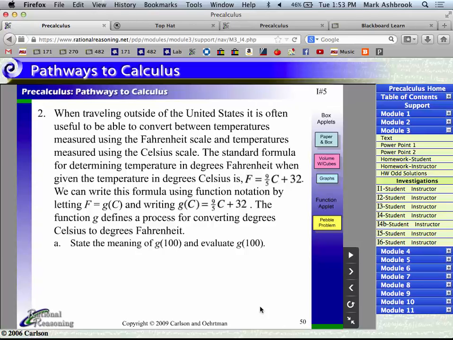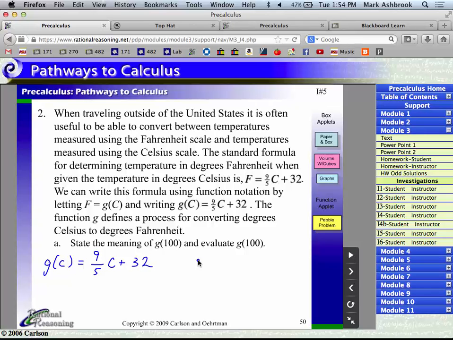So this function that you're calling g of c converts degrees Celsius to degrees Fahrenheit. That's the function of G.